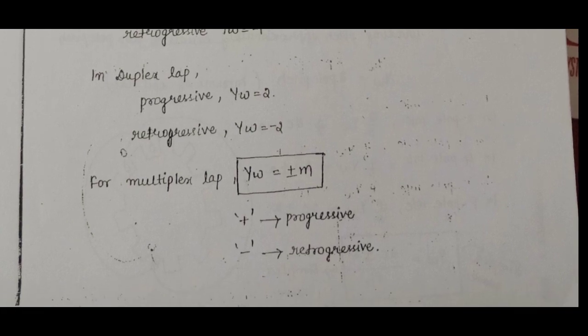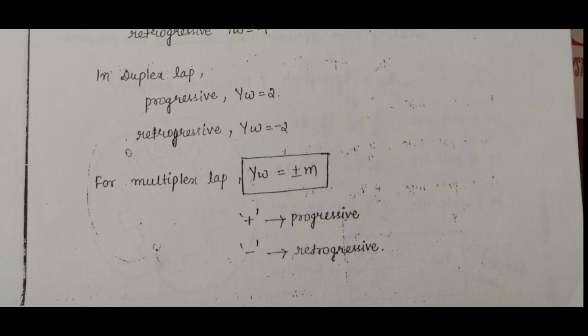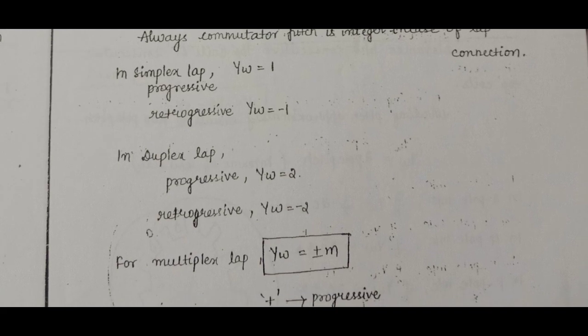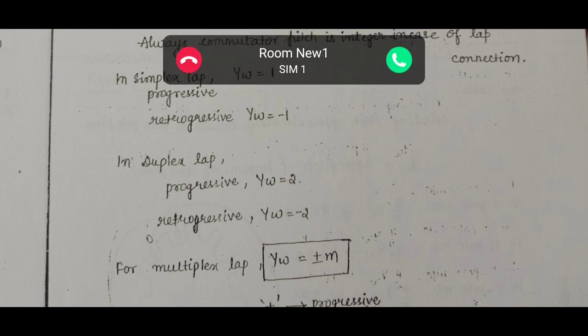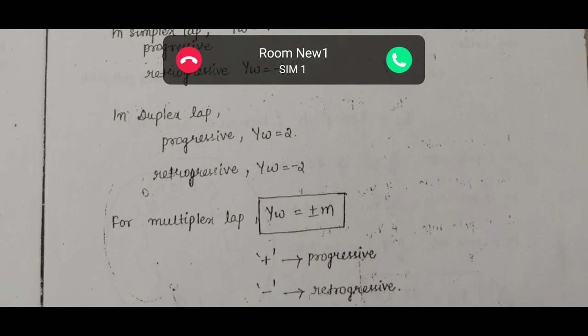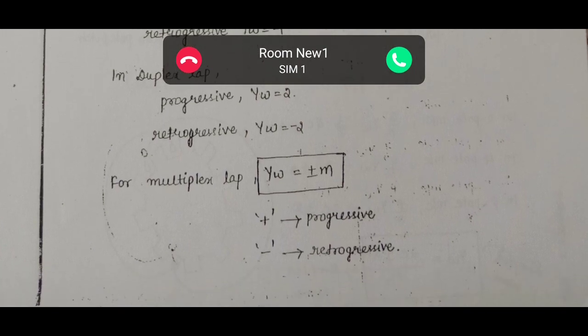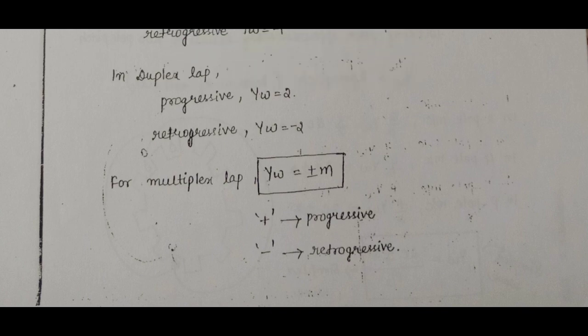For multiplex lap, YC equals plus or minus m, plus for progressive, minus for retrogressive.